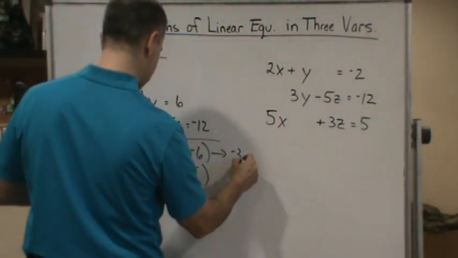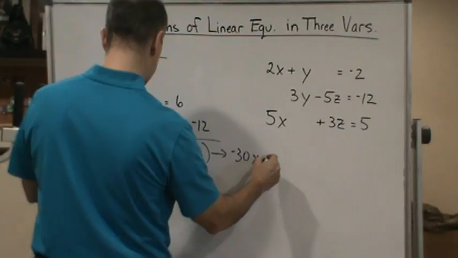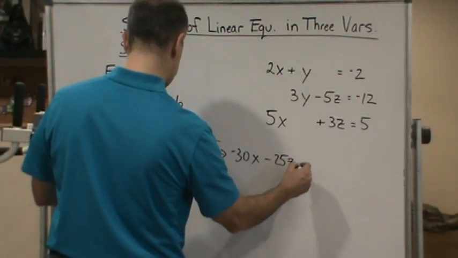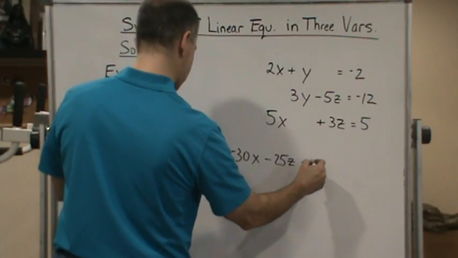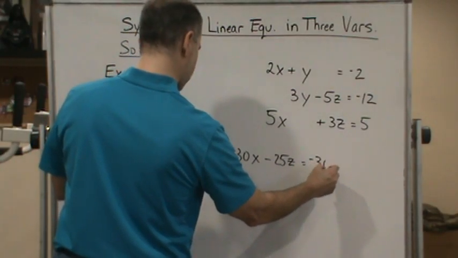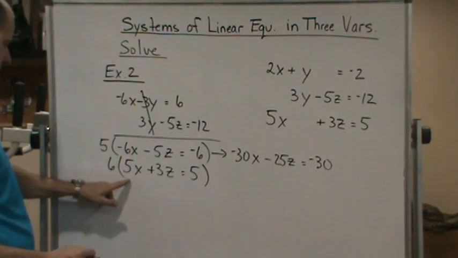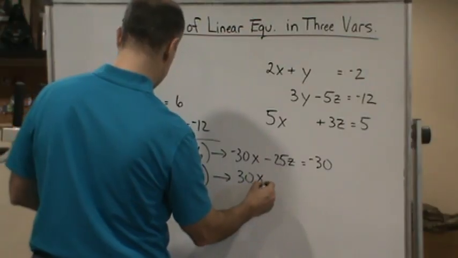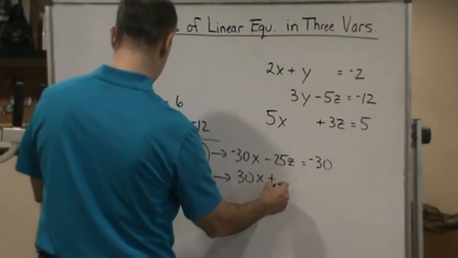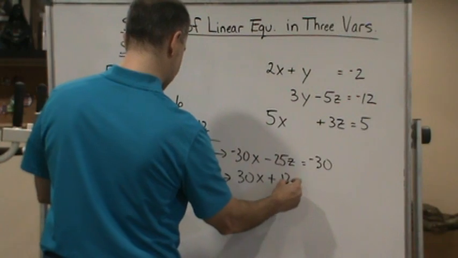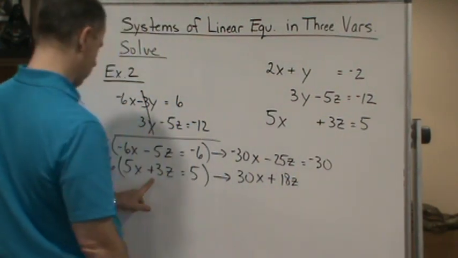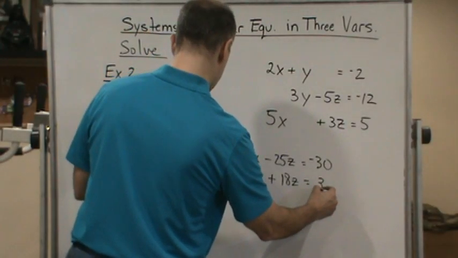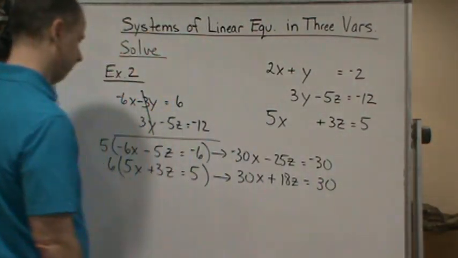Negative 30x minus 25z equals negative 30. And then 6 times 5, the bottom one will give us what? Positive 30x plus 18z, right, equals 30.